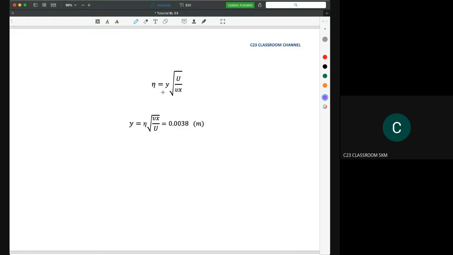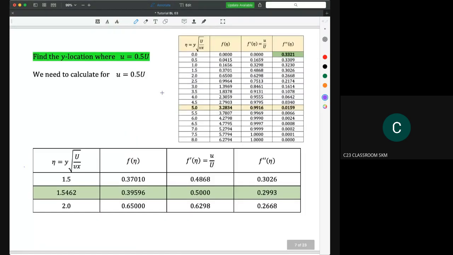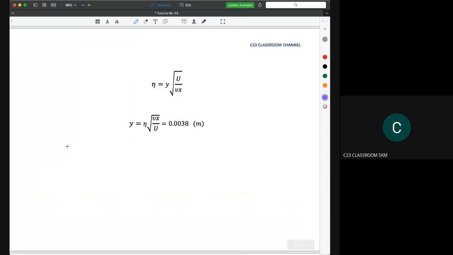We need to calculate the value of the y location. So we use this equation. From this equation, we know that eta is equal to y times square root of U over nu x. We need to calculate the value of y, so we rearrange this equation into this one, and then we substitute all the values.